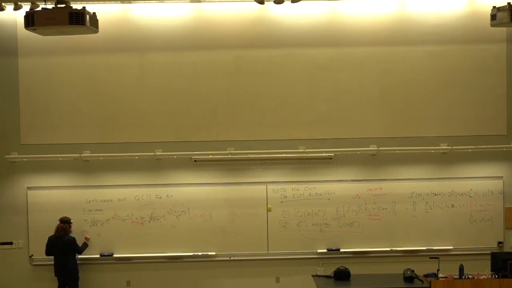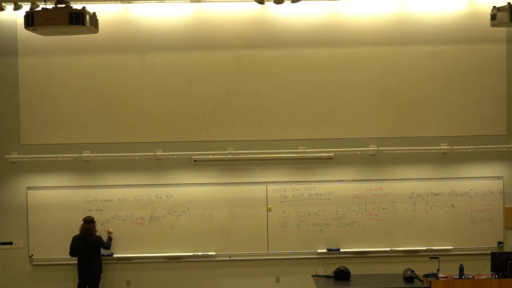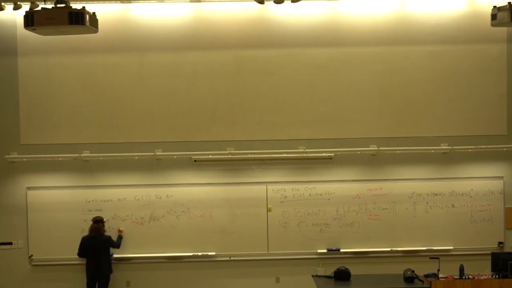This is going to be the sum, k goes from 1 to cap K. This is going to be sigma 1 to the n, times e to the minus 1/2 sum, i goes from 1 to n, of x_i minus mu_1 squared over sigma_1 squared.